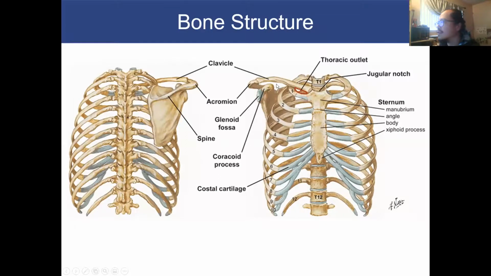In the front, we talk about this one here, clavicle. Clavicle connects with the acromion of the spine. Don't confuse the spine with the spine. This is just the spine of the scapula. In the front, we have the sternum.